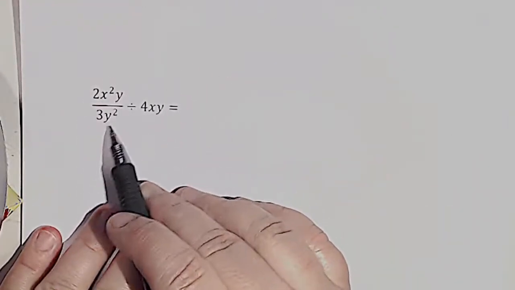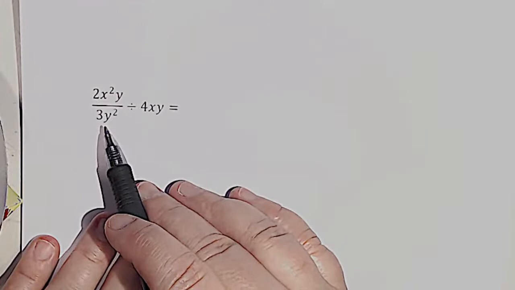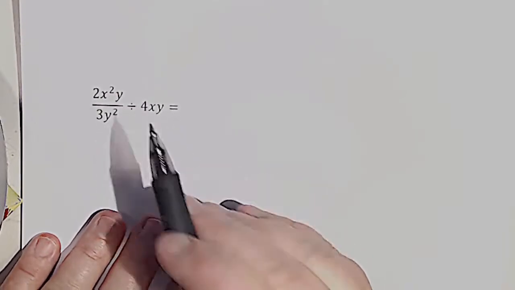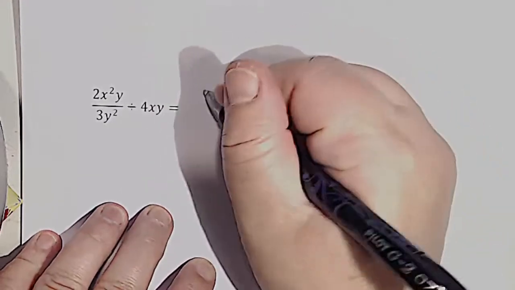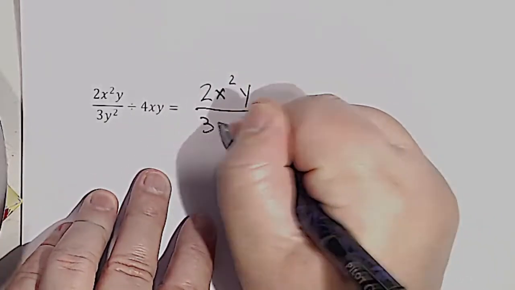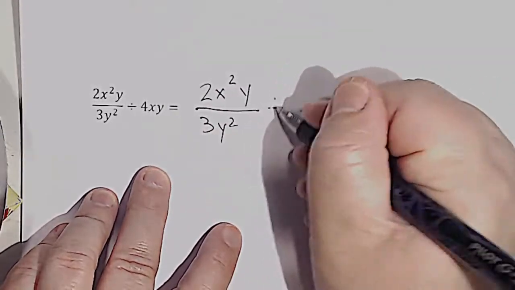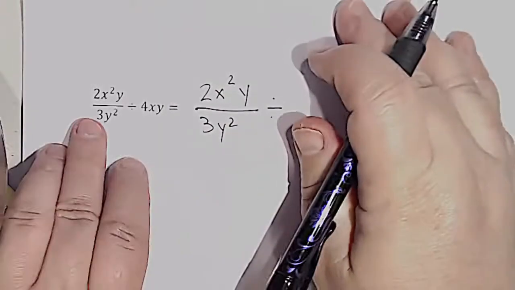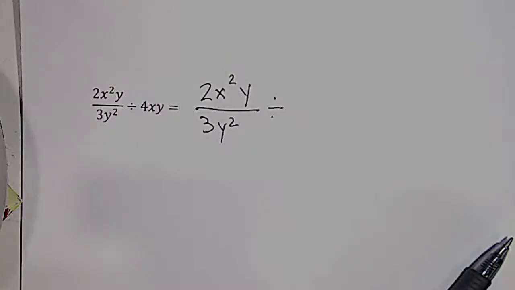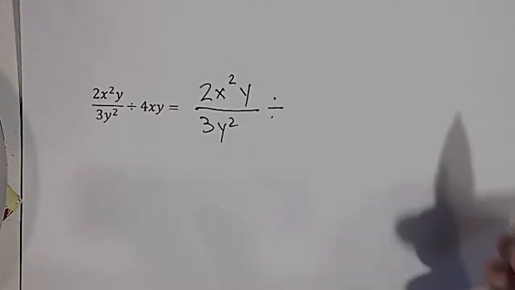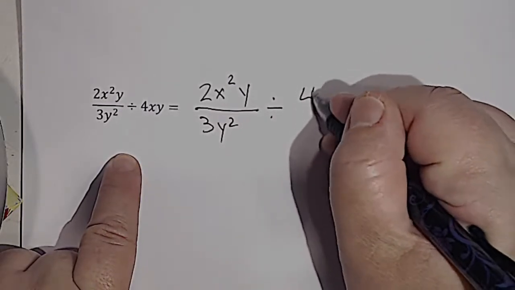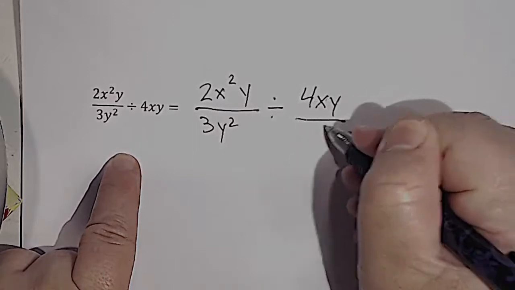If I give you a fancy, beautiful fraction, and I want to divide something that doesn't look like a fraction, the very first thing you should do is write it as a fraction. So I've got 2x squared y all over 3y squared divided by, I'm not changing it yet, 4xy all over 1.